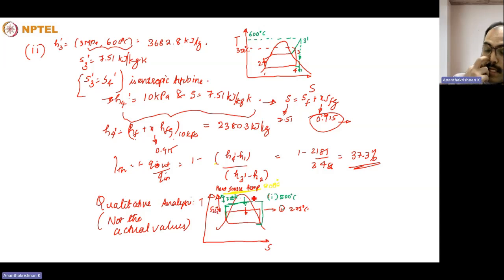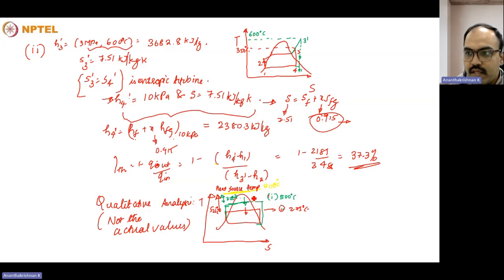So when the same heat transfers across a high temperature gradient between the source and the boiler, there will be irreversibilities associated with it, and the amount of available energy, or the amount of useful work that we can get out of this heat, will be minimized in that case. It takes into consideration the average temperature of heat addition, basically.